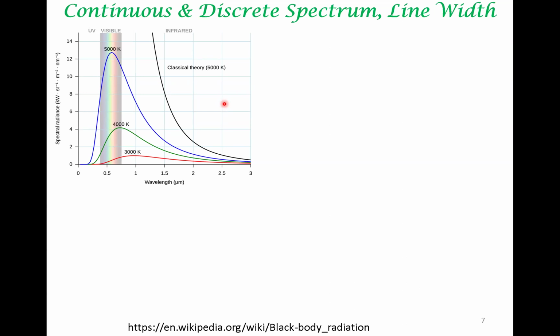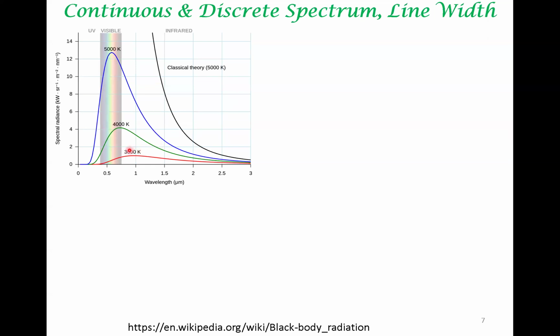One of the best examples of a continuous spectrum is the spectrum of a black body. On the y-axis we have radiance, a measure of power output per unit solid angle. Let's just take it as a measure of power output. You have a black body at different temperatures.